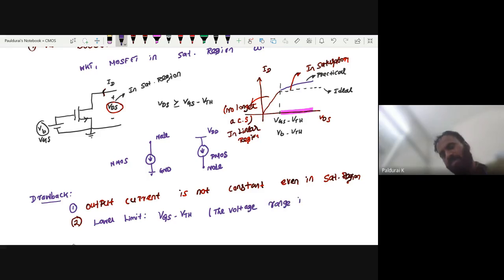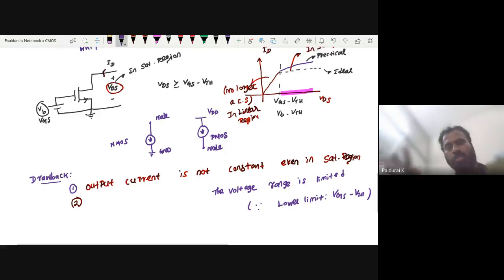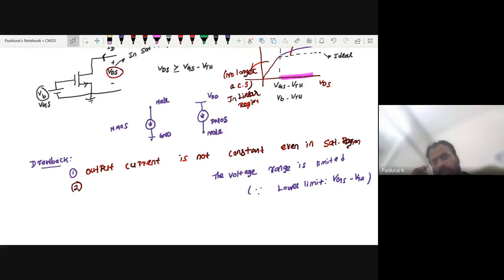Actually, this bracket, since the lower limit is bounded by VGS minus VTH. Okay, let me erase this. So this is point number 2. So two major drawbacks as per Razavi. I hope it is easy to remember both points, and it is quite interesting also, right?